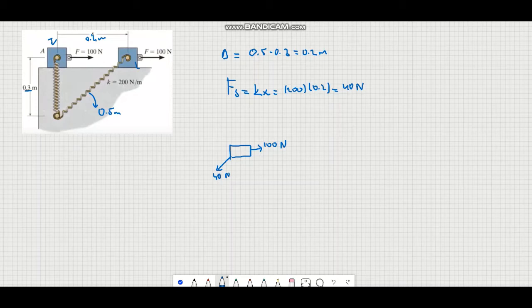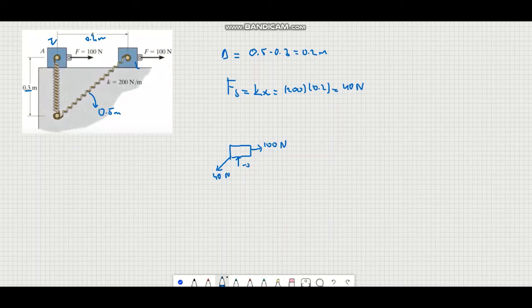And due to the mass of this block, there's a normal force acting on it, opposite to mg. If there is friction, we need to multiply by nu.